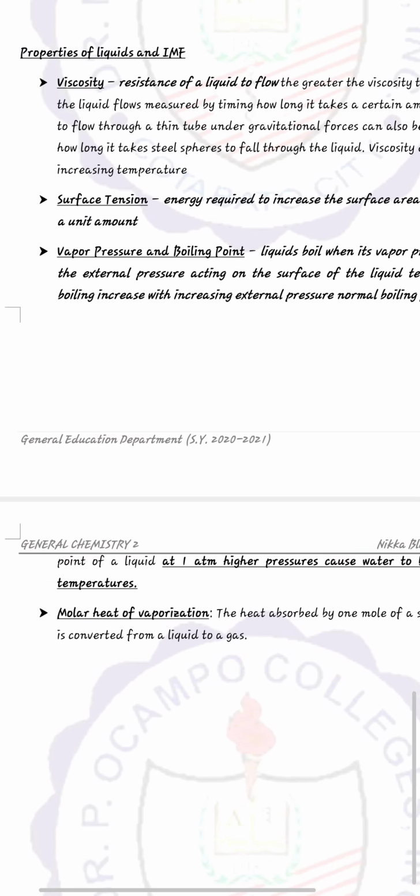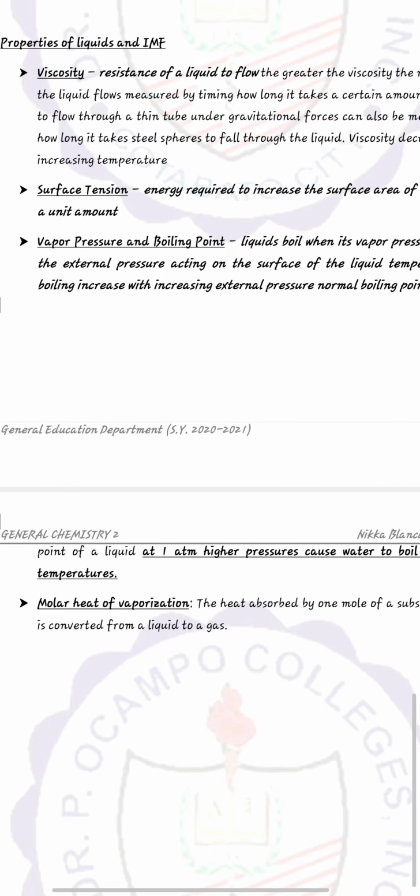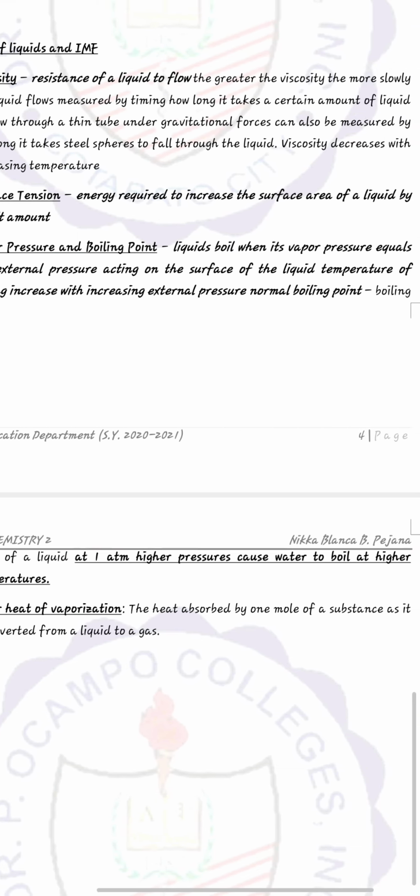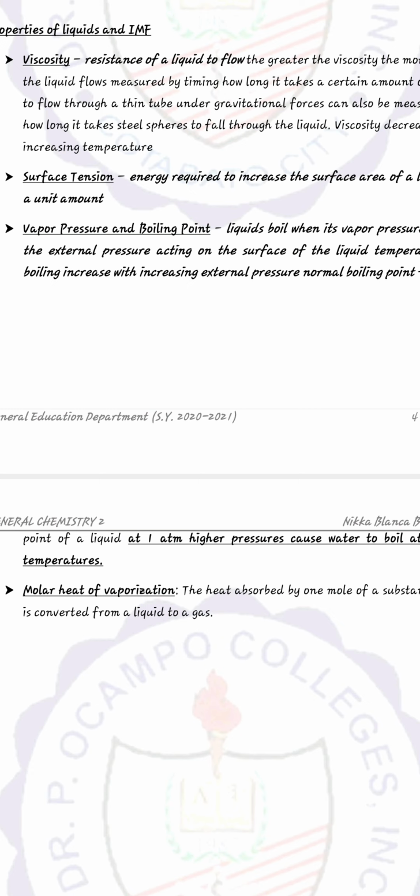The normal boiling point of a liquid is at 1 atmospheric pressure, ATM. When we say ATM, it is called atmospheric pressure. Higher pressure causes water to boil at higher temperatures.